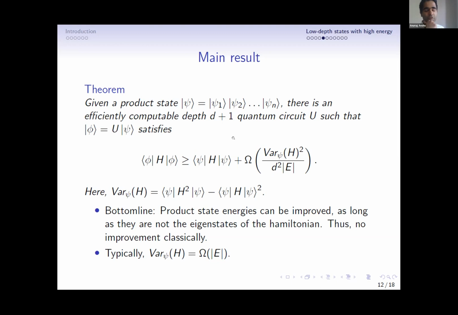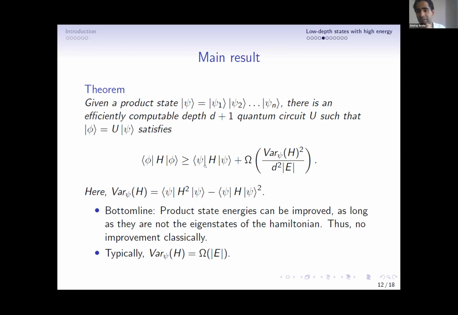But then one could make a quick observation here that this sounds wrong, because what if H is a classical Hamiltonian? In that case, the max energy eigenstate is a classical product state. There's no entanglement anywhere. So if I start with the best state that maximizes the energy of my classical Hamiltonian, there's no way I can make any improvement, because that is the best energy. There's nowhere to go beyond that. This variance term exactly captures that.